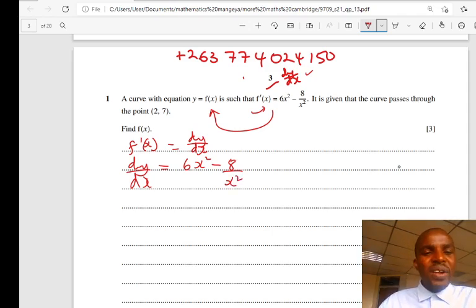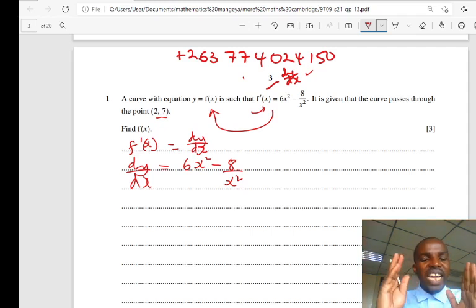Then separate variables, x on the right side, everything with y on the left side. Then integrate, and you get your equation in terms of a constant k. Then you substitute 2 and 7, meaning x is equal to 2 and y is equal to 7. Those are the values that will help you to find the value of the constant. Replace the constant and then you have your equation of the curve. Done. Let's do exactly like that.